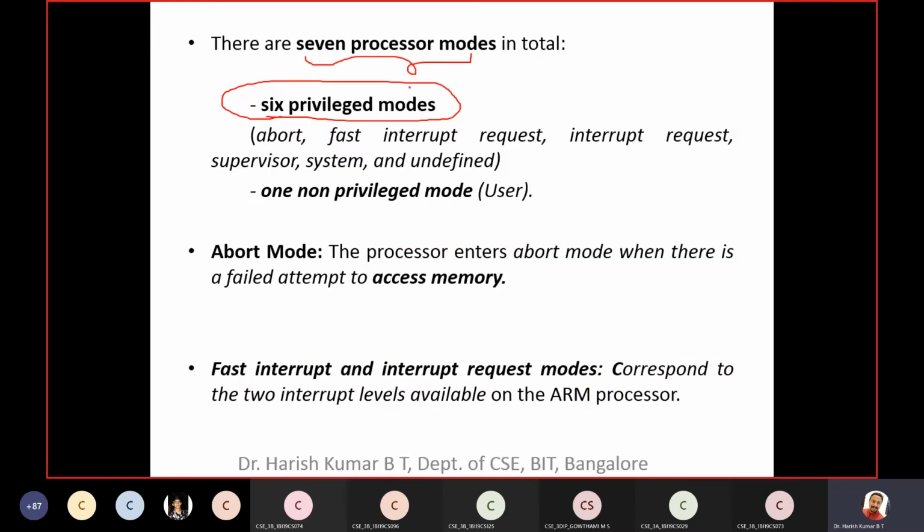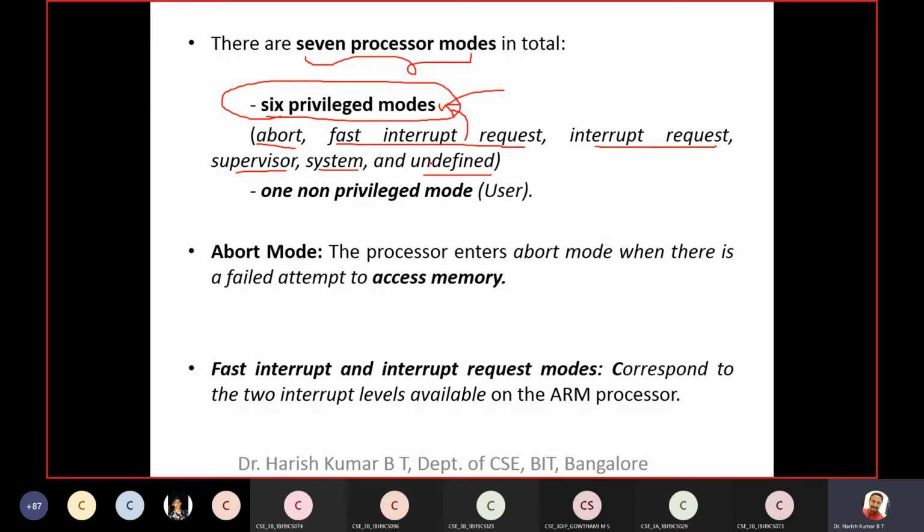And what are they? Abort mode, fast interrupt request mode, supervisory mode, system mode, and undefined mode. Okay, these are the 6. You can count 1, 2, 3, 4, 5, 6. These are the 6 privileged modes.